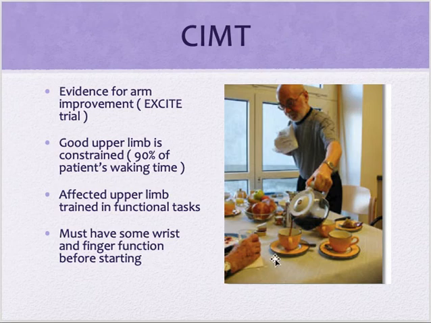Remember, we should not start constraint induced movement therapy right after stroke, because right after stroke the muscles go into flaccidity, and later on there is spasticity. So wait for some of the spasticity to reduce, plus some of the limb movements to come back, and then we can put the patient on constraint induced movement therapy.